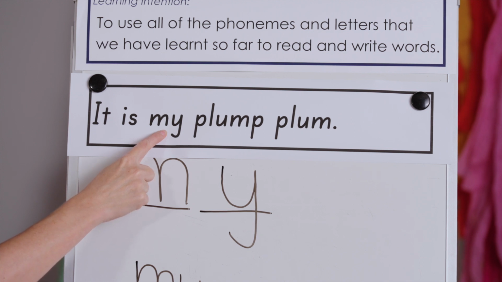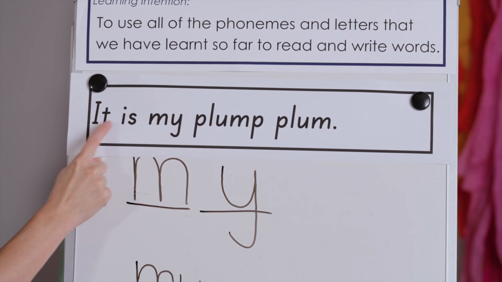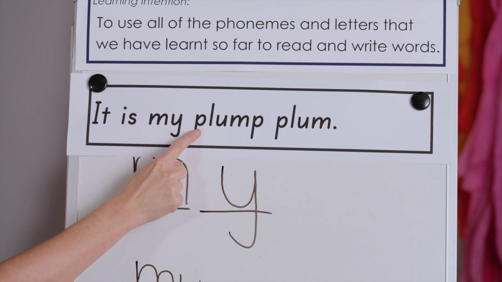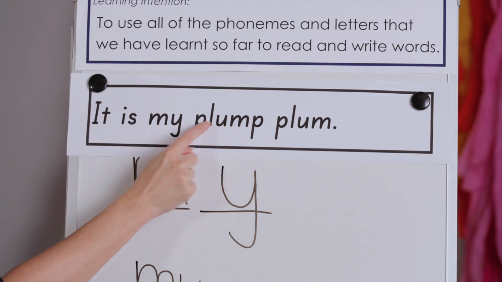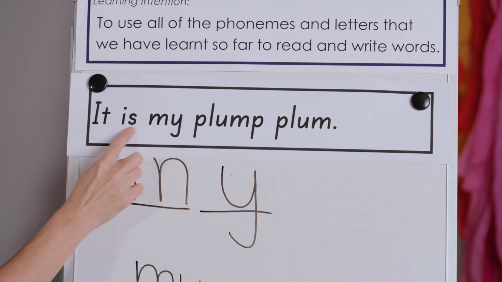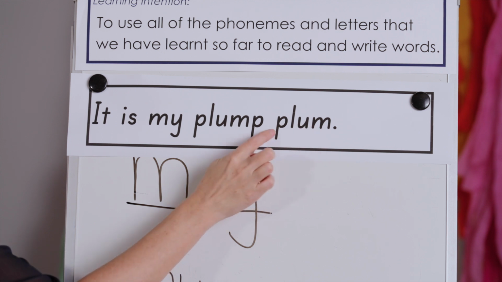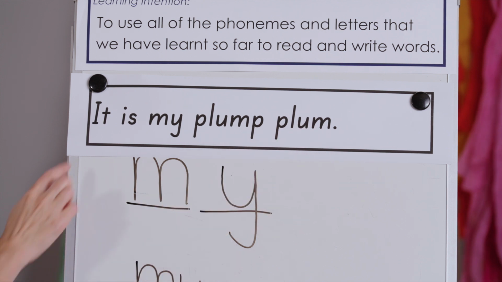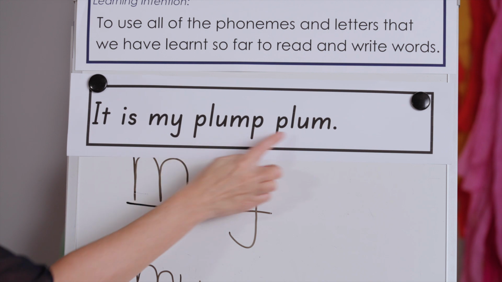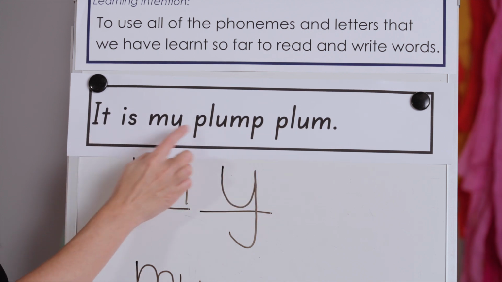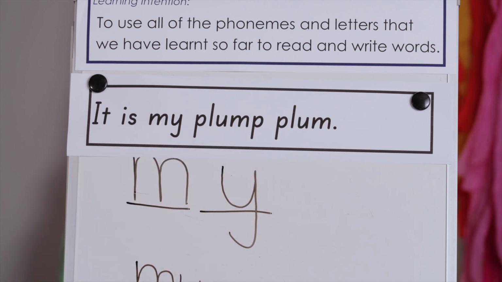Our new tricky word is my. It is my, let's blend this word, plump, plum. Let's read it together. It is my plump plum. One more time. It is my plump plum.